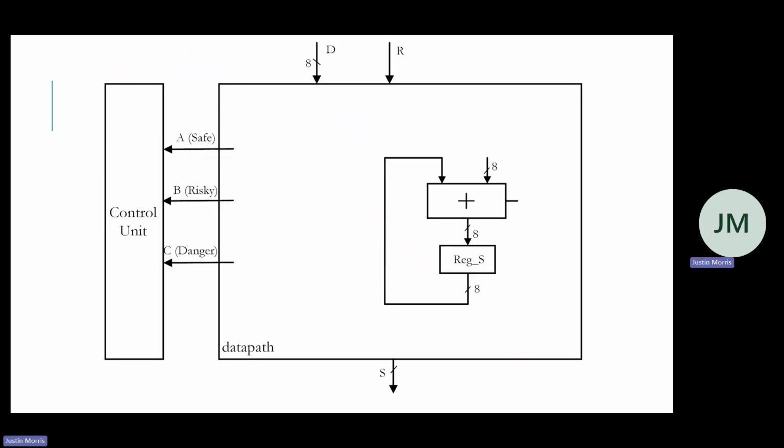Okay, next step. Draw the data path. You have an adder already, and you have a register for speed.